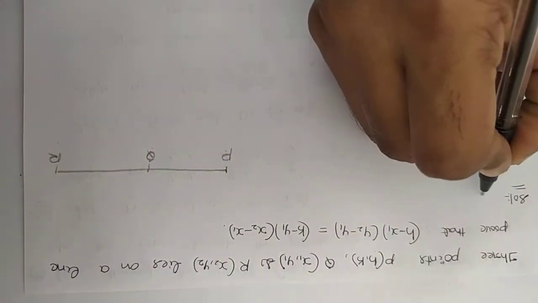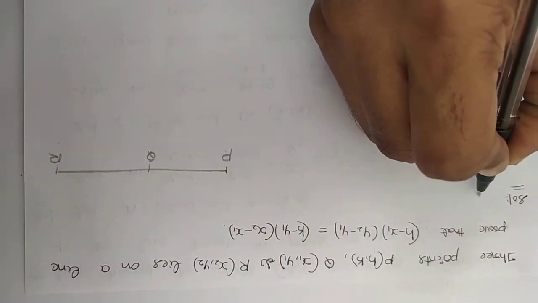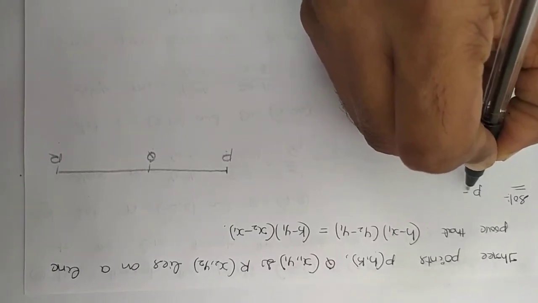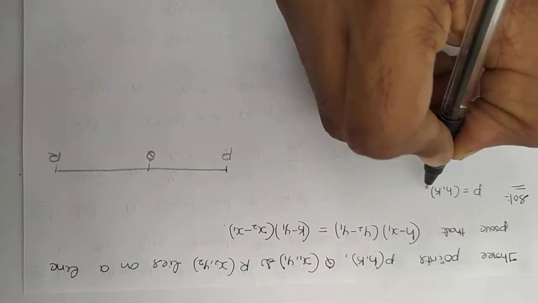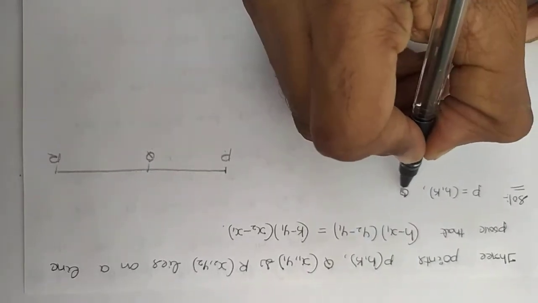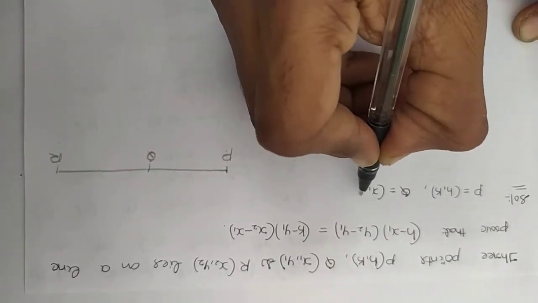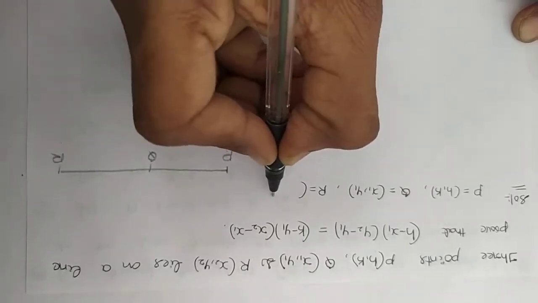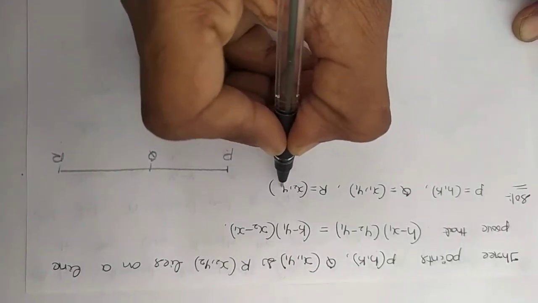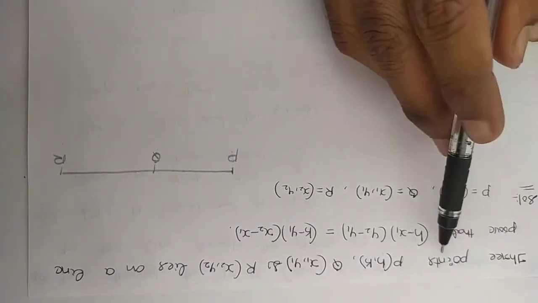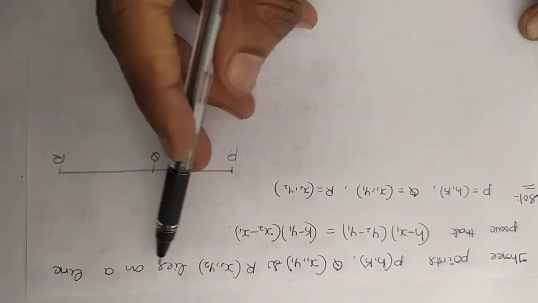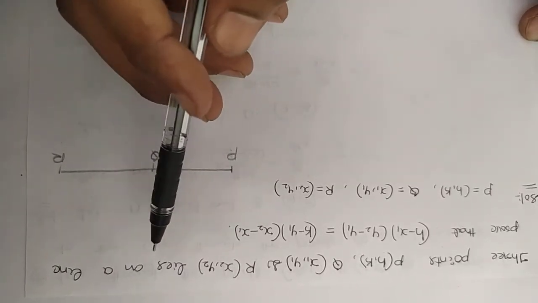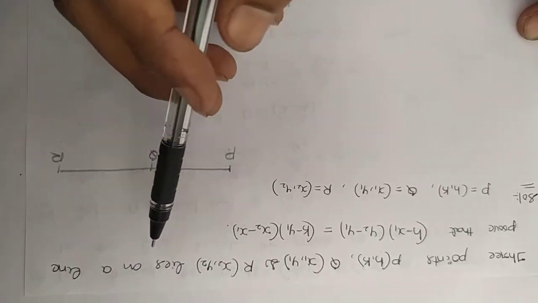Solution. Let P equal h comma k. Write down the given points. Q is x1, y1, next third point R is x2, y2. He is saying that 3 points P, Q, R lie on a line. If those 3 points lie on a line, then the points are collinear.